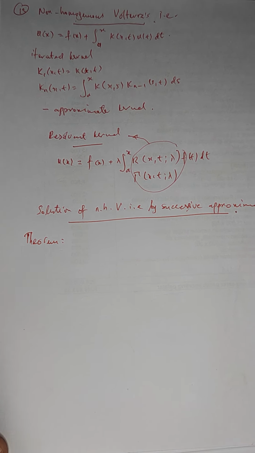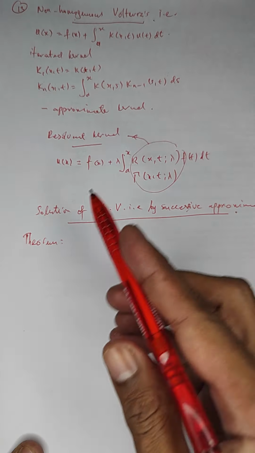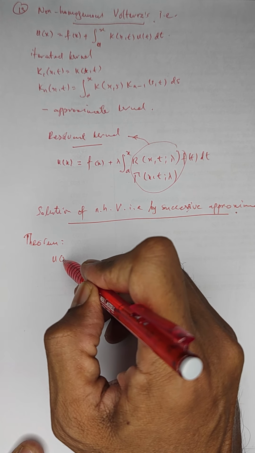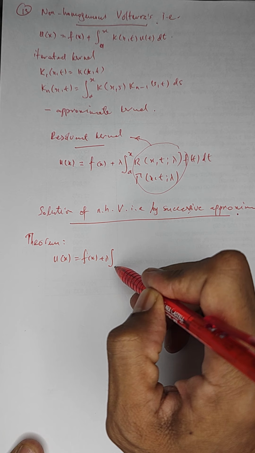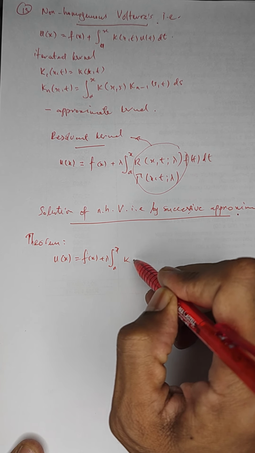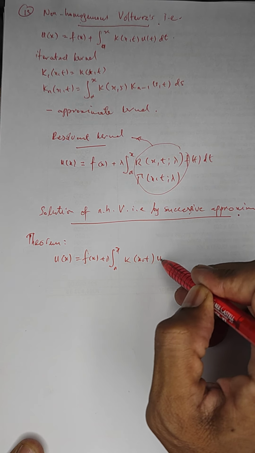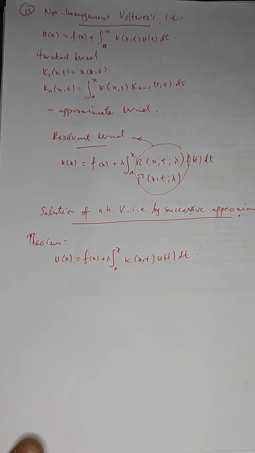We consider the Volterra integral equation of that form. Let me write this again: u(x) = f(x) plus lambda times the integral from a to x of k(x,t) u(t) dt.